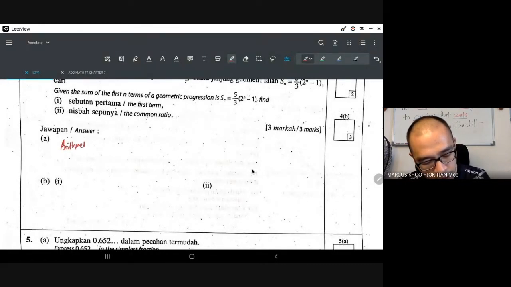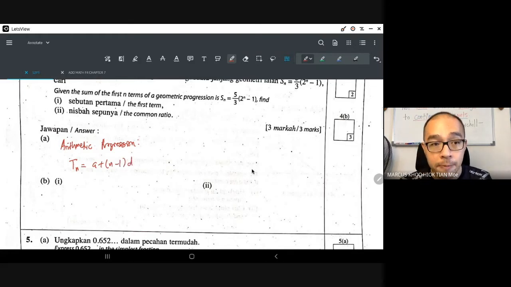Since we're talking about progressions and since this is a revision class, the first few things we learned in arithmetic progression is that to find the nth term is a plus n minus 1, multiplied by d, where a is the first term and d is the common difference.